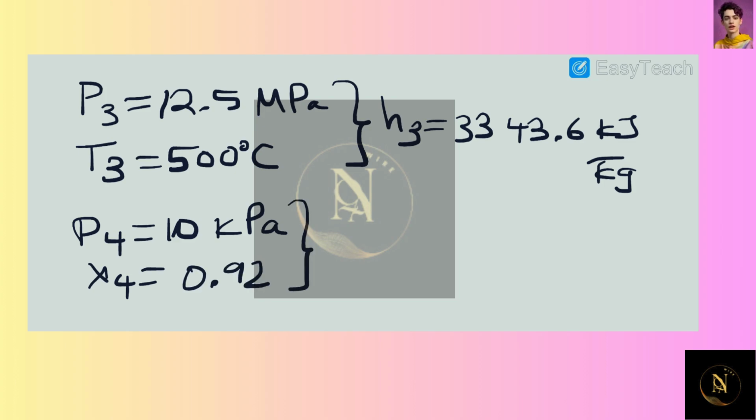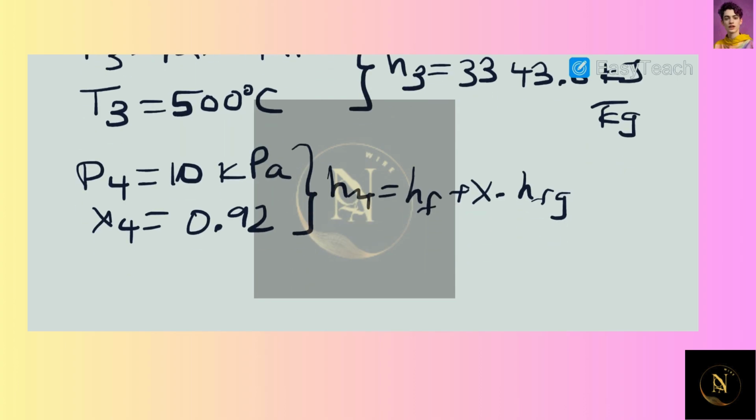From this we can deduce that our H4 will be equal to HF plus X times HFG, and this will give us an enthalpy at the exit of the turbine equal to 2,392.5 kilojoules per kilogram.